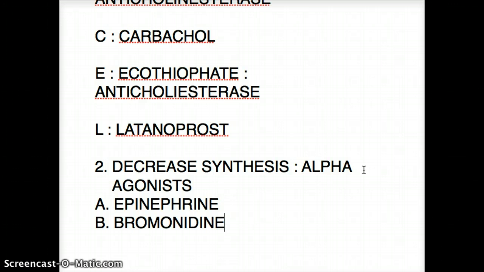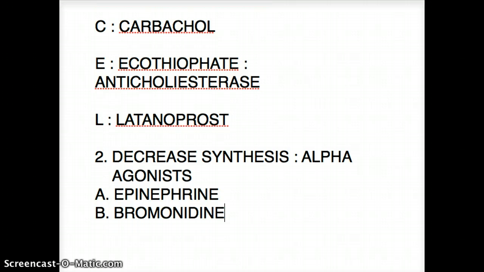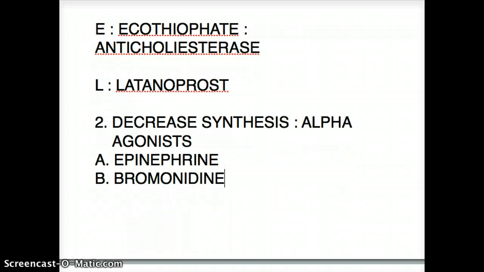When you're looking at glaucoma questions, it's very important to be able to distinguish the different types. That way, you can narrow down which category you should be looking in directly. So that's number two, decreased synthesis, which causes agonistic effects at the alpha receptors, and they are epinephrine and brimonidine, used for glaucoma.